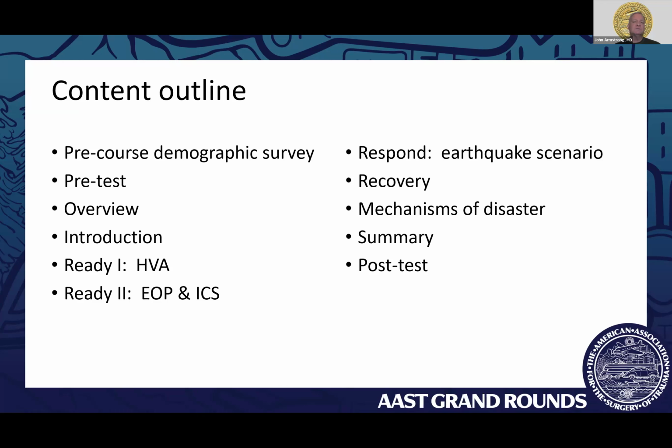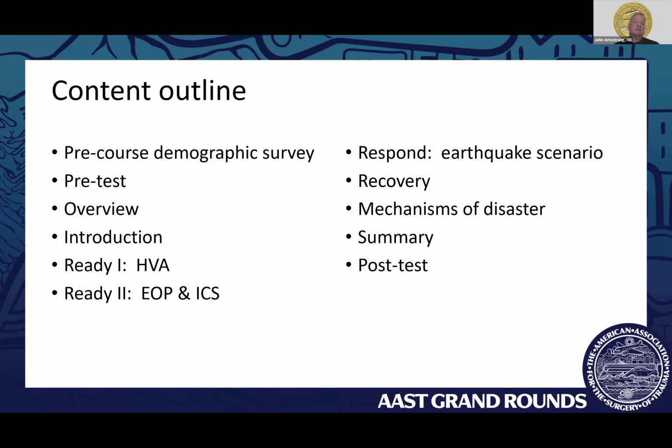The overview really looks at the science of disaster management and walks learners through the next steps: the introduction, the ready 1 and 2, looking at some important tools for effective disaster management and emergency preparedness, the HVA or hazard vulnerability analysis, and the emergency operation plan and incident command system. More on that in a moment.